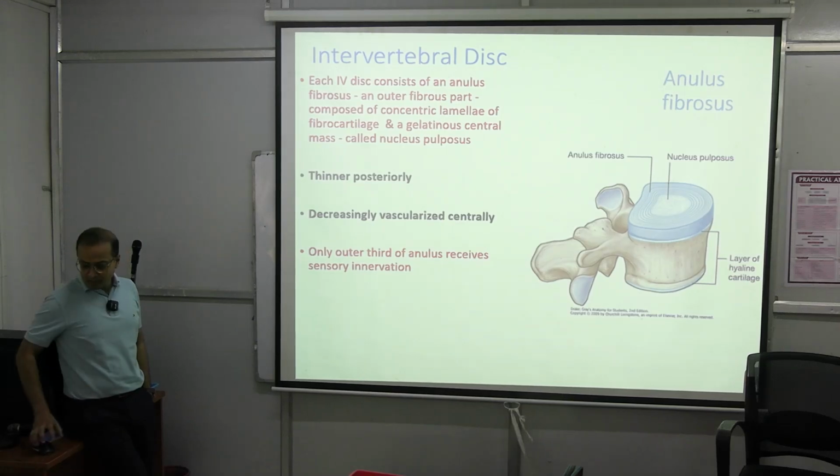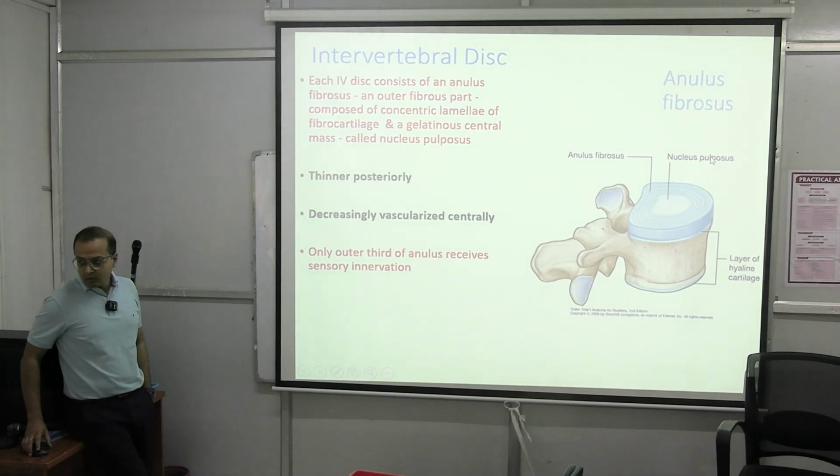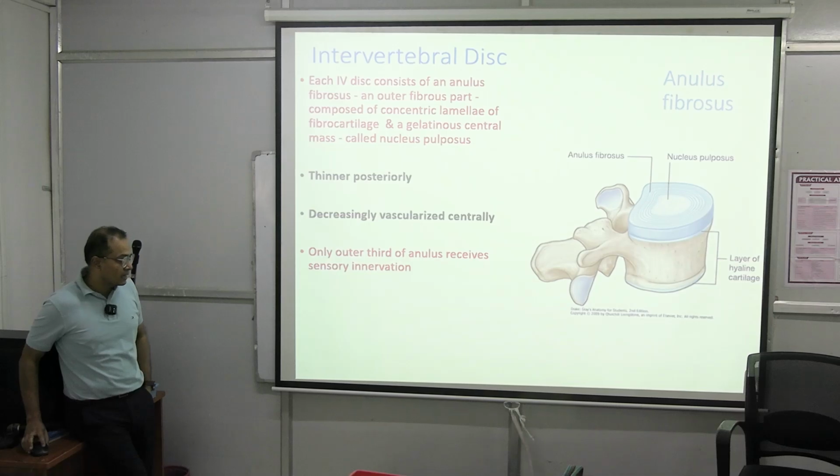Quickly recap. The vertebral disc is made of 2 components: the nucleus pulposus and the annulus fibrosus. The central part is made of notochord, which is ectodermal, and the annulus fibrosus is mesodermal.